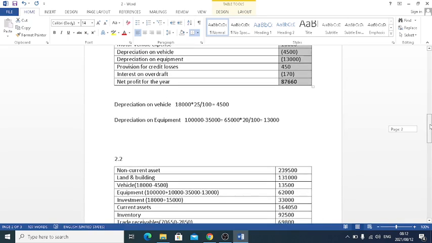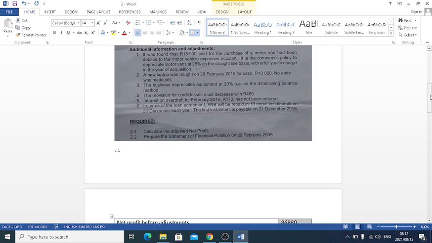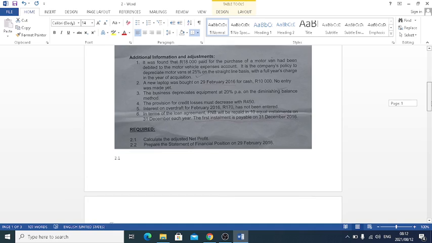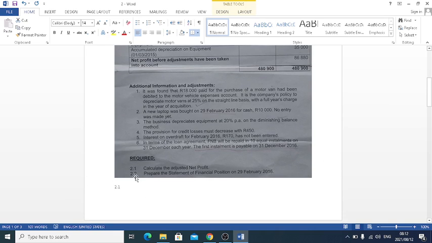So that's your number 2.1, calculate the adjusted net profit. Therefore, number 2.2, prepare a statement of financial position on 29 February 2016.